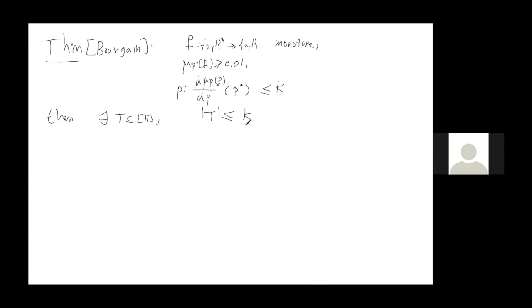I'm cheating a little bit, but never mind. Such that if you fix these variables to 1, again, we're using this notion of restrictions that we've defined earlier, then this set of variables really affects your function, in the sense that it increases the average of f from what it used to be by some e to the minus k squared factor.